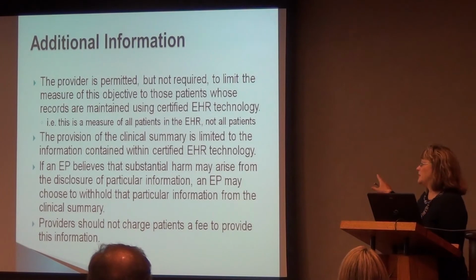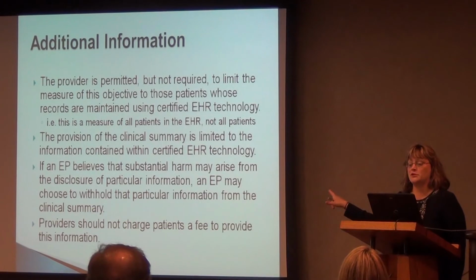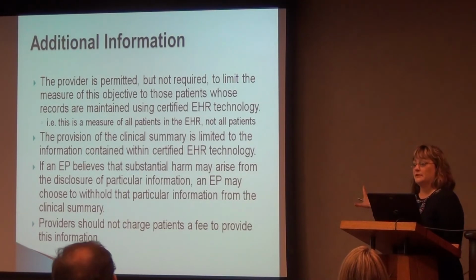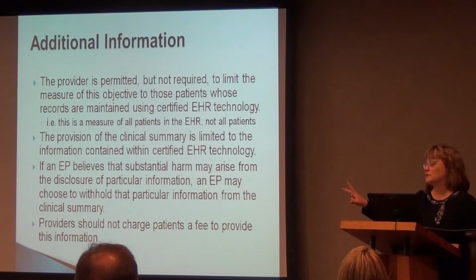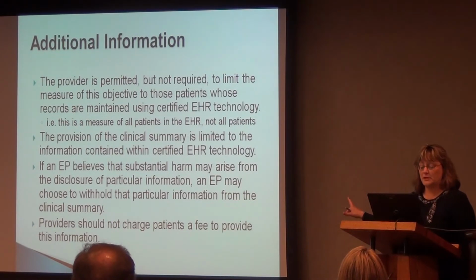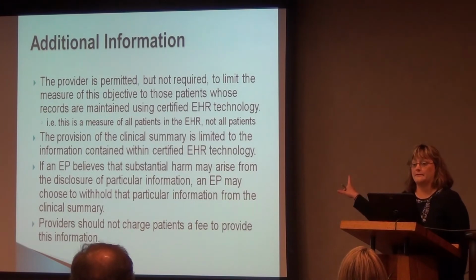If the eligible provider believes that substantial harm may arise from the disclosure of information, so you have a patient that maybe has some mental health illness along with their regular medical problems, you can choose to withhold that information from the patient, and providers are not allowed to charge the patient a fee to provide the information.